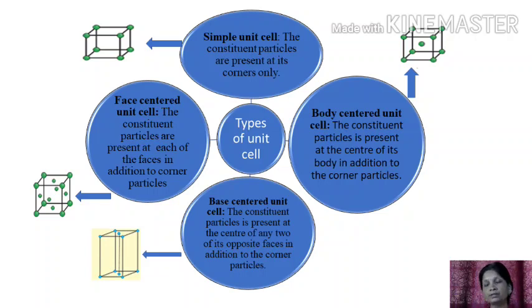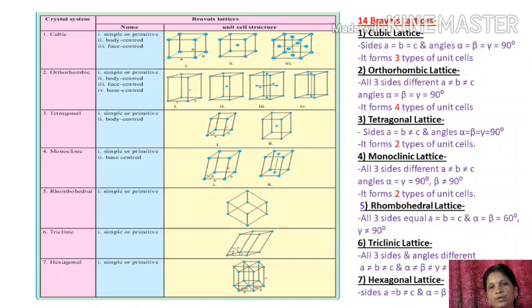So please follow these figures and you will know what is meant by types of unit cell. Now here in brief we are discussing the 14 Bravais lattices in detail and their diagrams also.